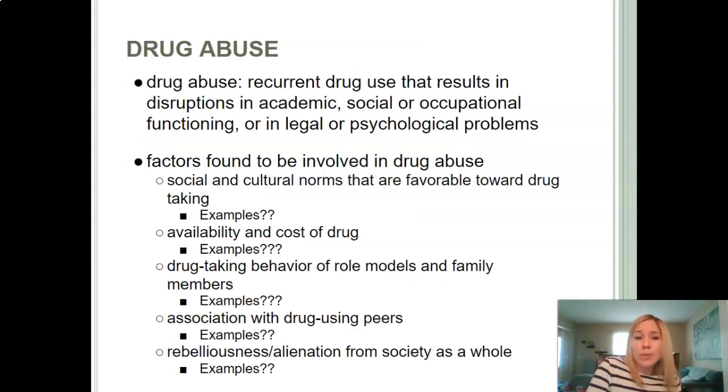So drug abuse is when recurrent drug use impairs your ability to function normally, whether that be academically or otherwise. We know there's a lot of research out there about recreational marijuana usage and how it impacts teens in particular, who use it even minimally in a recreational sense.